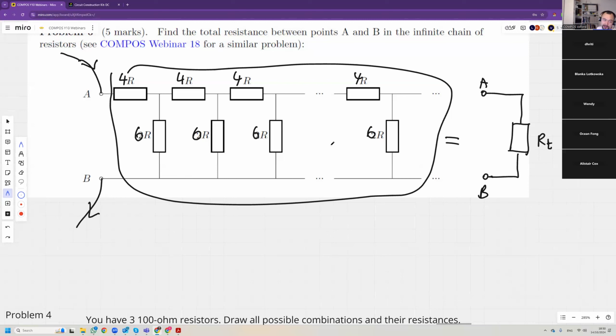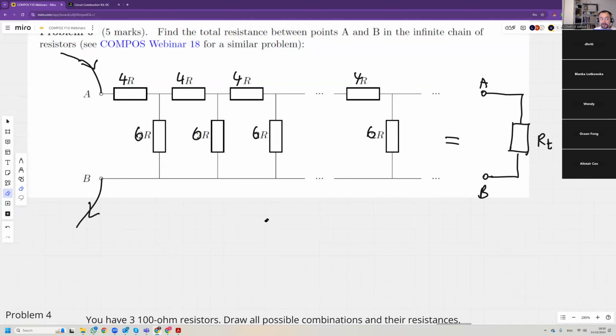Step two in doing this problem is realizing that the chain is actually infinite. Adding another pair of resistors on the left, you will now have infinity plus 1 resistors, which means it's just still infinity.